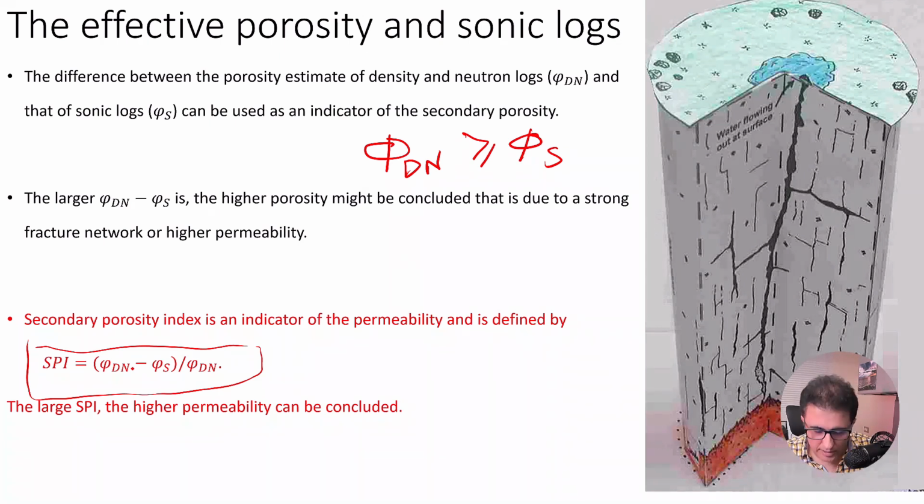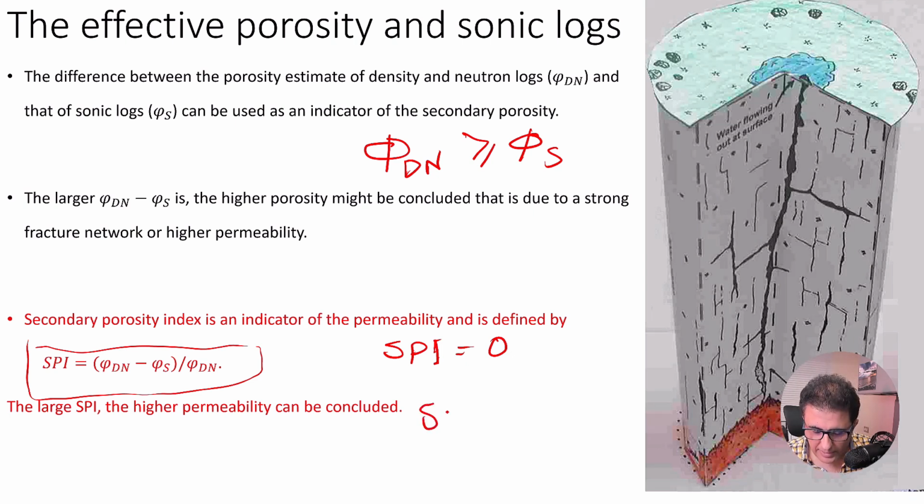So this is called the secondary porosity index, which is a measure of the presence of fractures in the formation. So for example, if SPI is equal to 0, it means that there is no fracture in the formation, and all the porosity that we have is primary porosity.